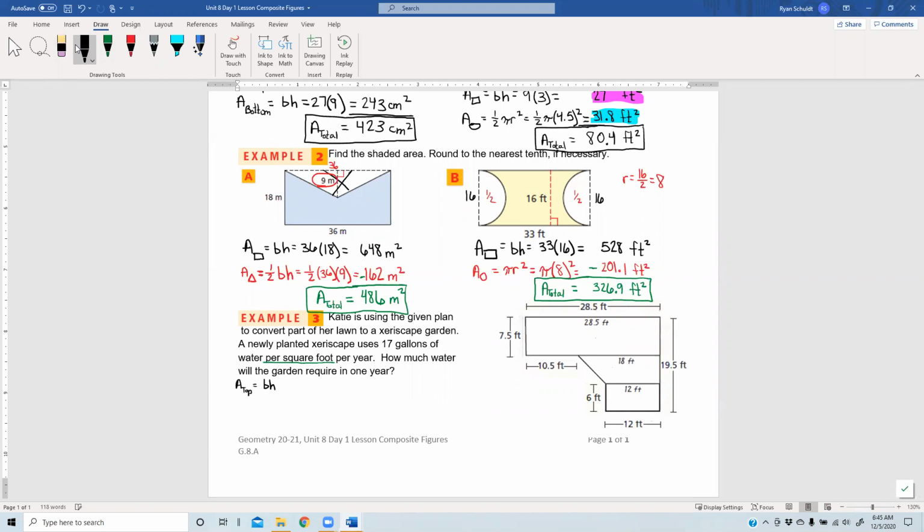That's just a rectangle. So it's base times height. Base is 28.5. Height is 7.5. Multiply those together and you get 213.75 feet squared.